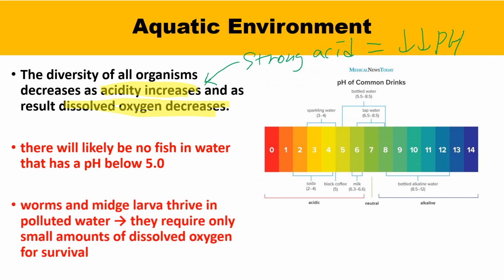Worms and midge larvae thrive in polluted water because they can thrive under that poor condition. They require only a small amount of oxygen in water for survival. You can pause this video at this point so that students can write.